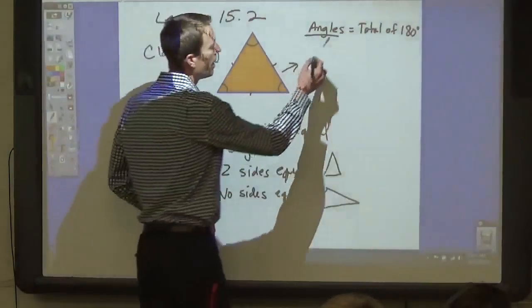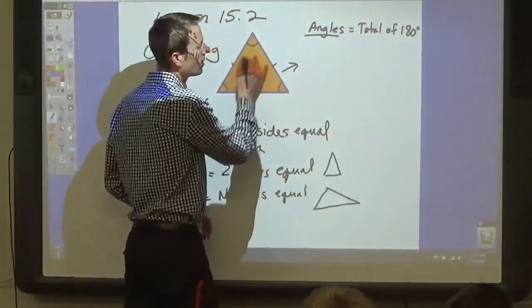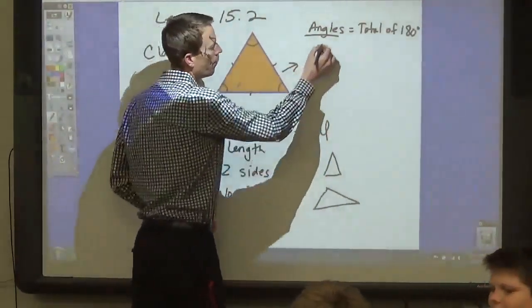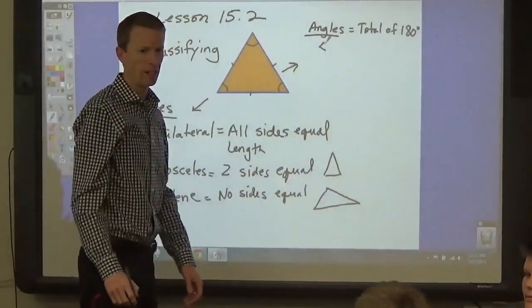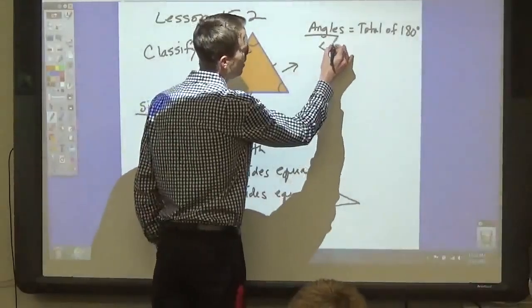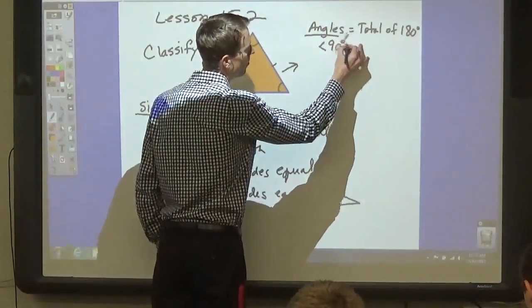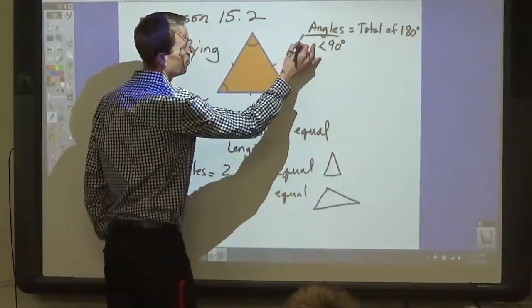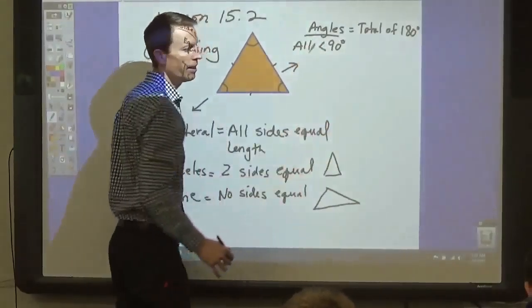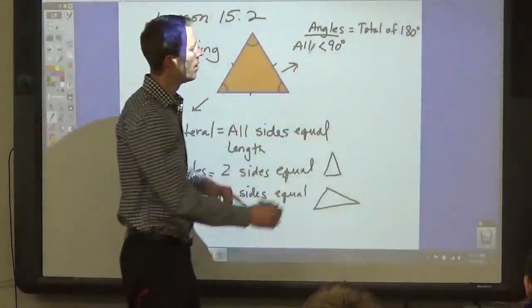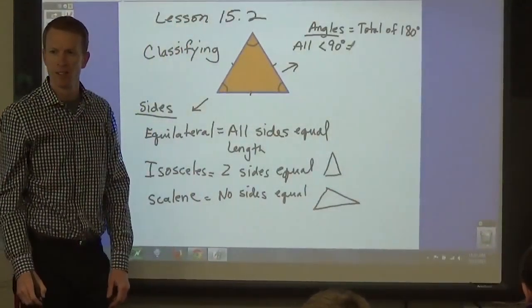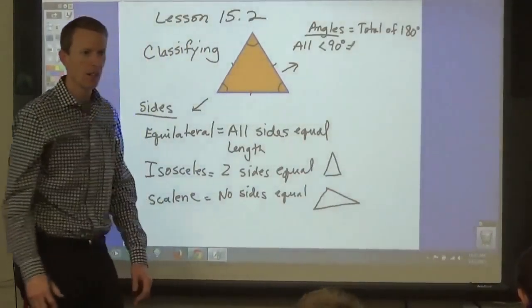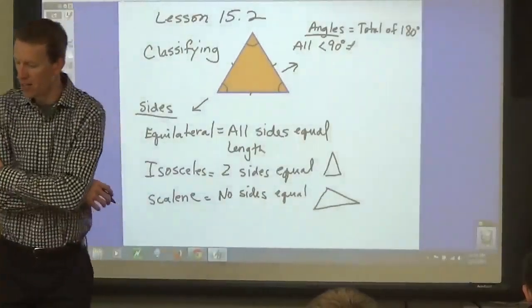But if all the angles are less than 90 degrees, okay, less than 90, then this is a what? What do we call an angle that's less than 90 degrees?